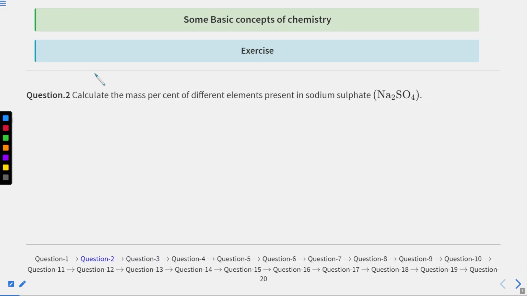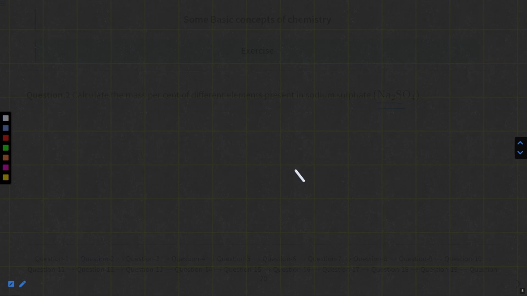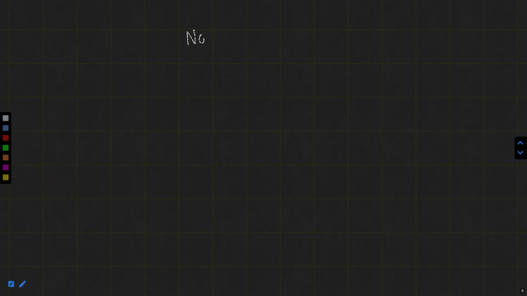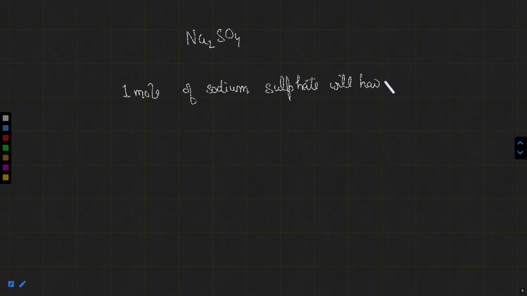Calculate the mass percent of different elements present in sodium sulfate. So in 1 mole of sodium sulfate, what mass of sodium will be present here?